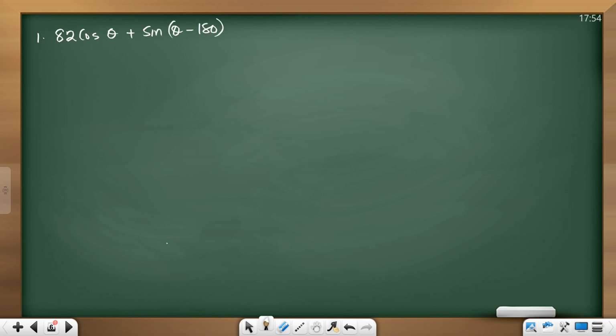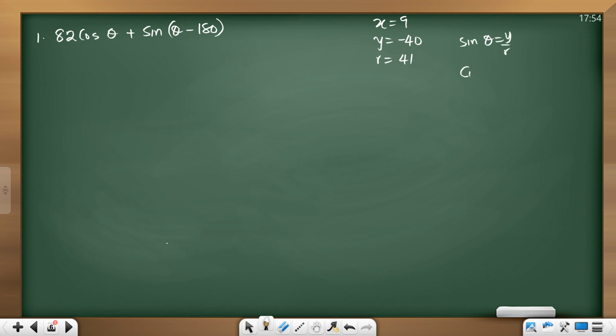To make our life easy, I could actually do all of this. X is 9, right? Y is negative 40, and R is 41. I've written everything I need. Do you know cos theta is what? No, sorry, X over R. I don't know if you know this thing. This is grade 10.